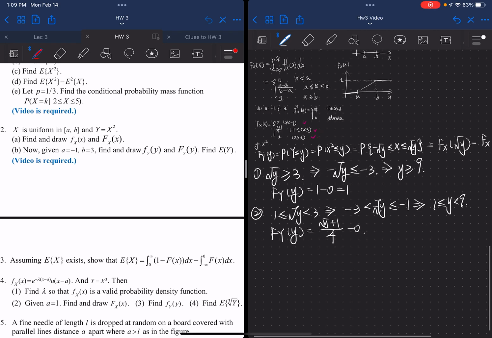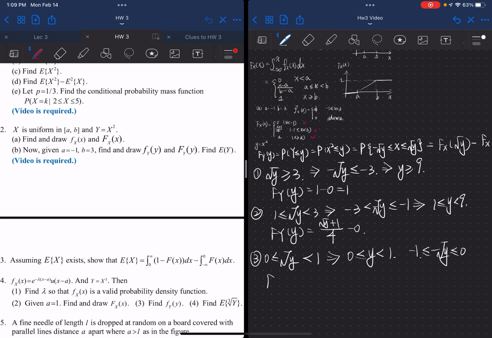The third segment is the square root of y between 0 and 1, so y is between 0 and 1 also, and minus square root of y is between 0 and minus 1.